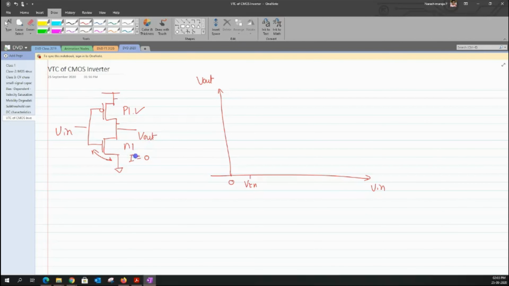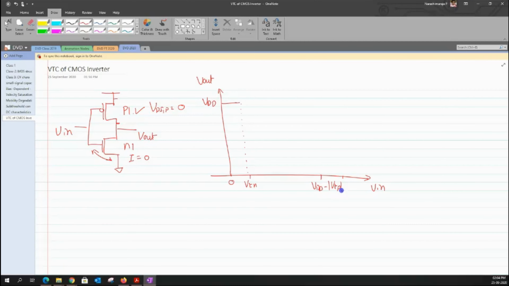So in those conditions, because the source is connected to VDD, I want the drain to have the same potential such that the VDS of our PMOS device becomes equal to 0. Which means that our Vout is supposed to be equal to VDD when the input is between 0 and VTN. We can also see the other extreme case, when the input voltage is within the range of VDD minus modulus of VTP.